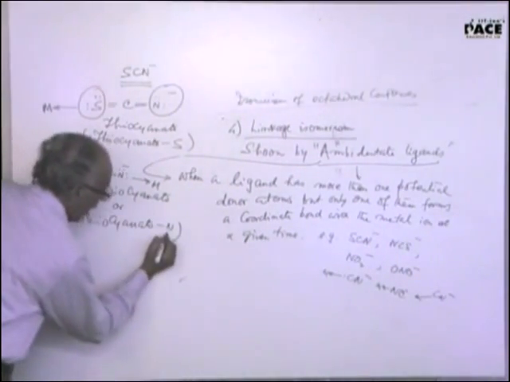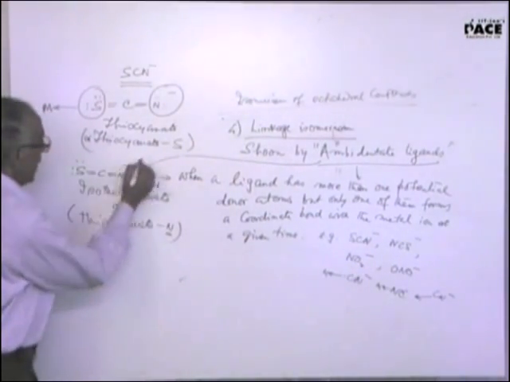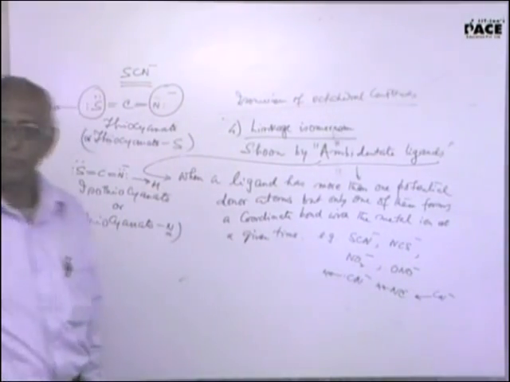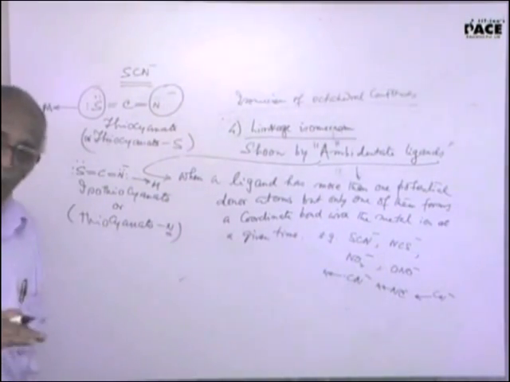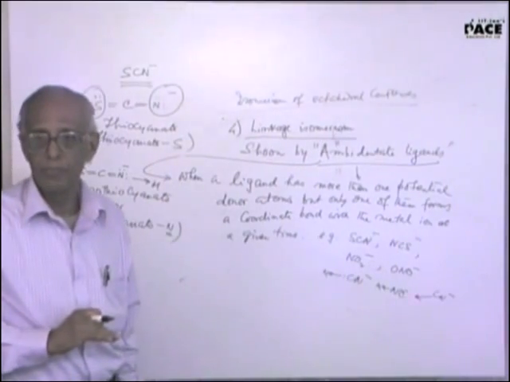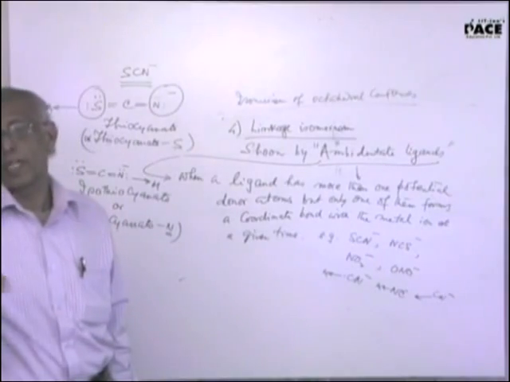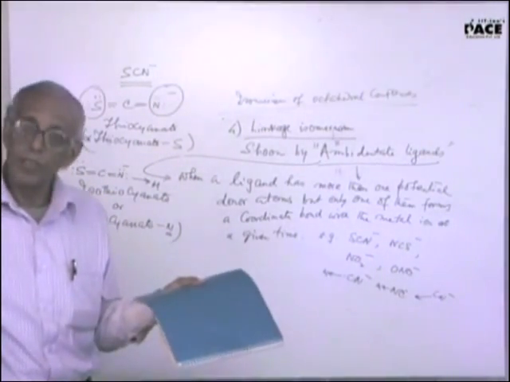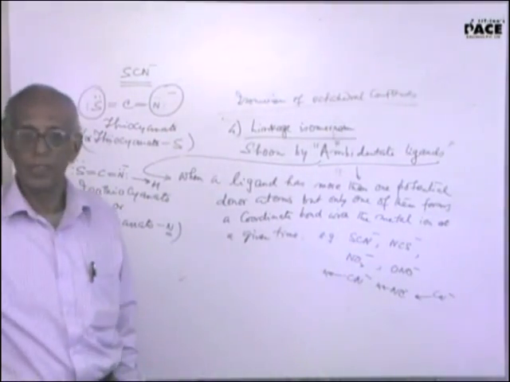The letter which is written, S or N, indicates which is the donor atom. When N is written, the nitrogen atom of the thiocyanate is a donor atom. When S is written, sulfur is a donor atom, but both of them will never form the coordinate bond to the metal at the same time. Only one of them will form a bond.